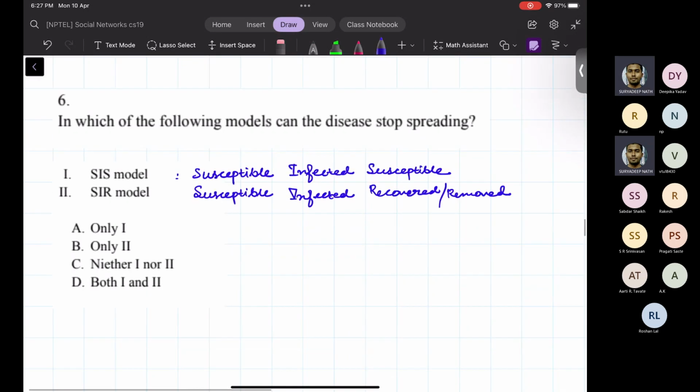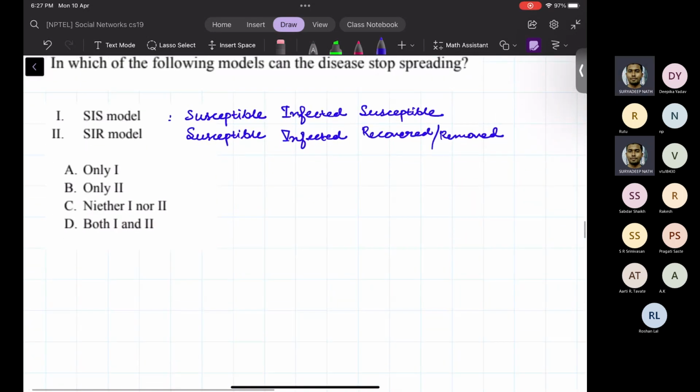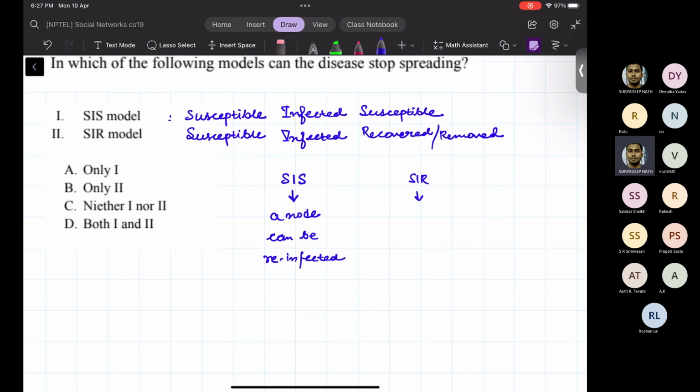So in the SIS model, a node can be reinfected. In the SIR model, no node can be reinfected.